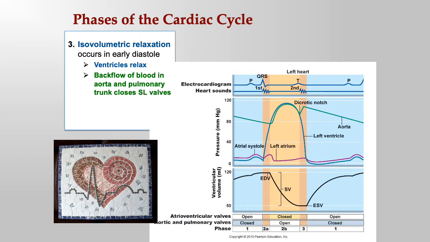It's going to fall back down. When it falls back down, what happens? It shuts those SL valves. And we're now at the end of the cardiac cycle. This causes what's called the dicrotic notch, a brief rise in aortic pressure. That's not really critical. I'm not going to ask you about that, I promise.